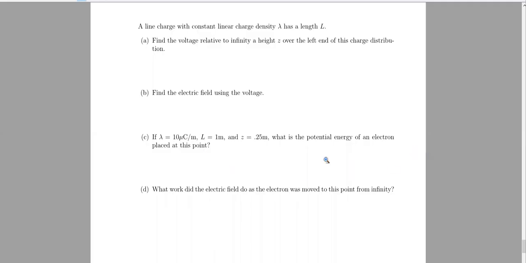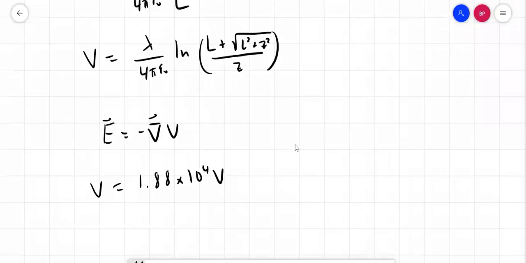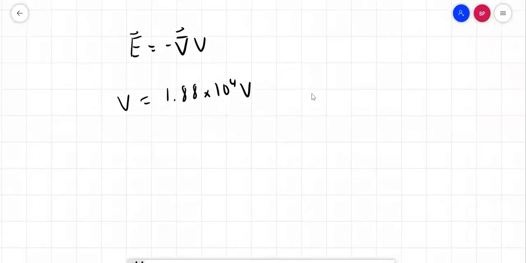We were asked what is the potential energy of an electron. So the potential energy relative to infinity is just Q times V. So we just multiply our voltage here by the charge of an electron, which remember is negative 1.6 times 10 to the minus 19 coulombs.